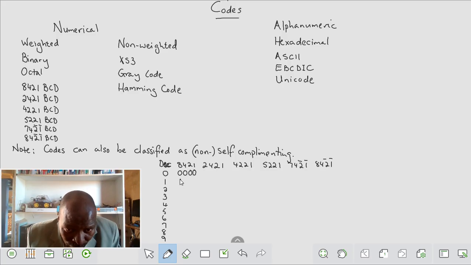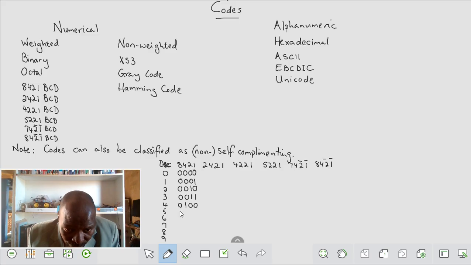For the 1 that sits in the last position has a weight of 1. The 2, the bit that sits in this position is a weight of 2. The 3, since this is a weight of 2 and a weight of 1, together they make 3. The 4, there is a weight 4, so we are going to use that.